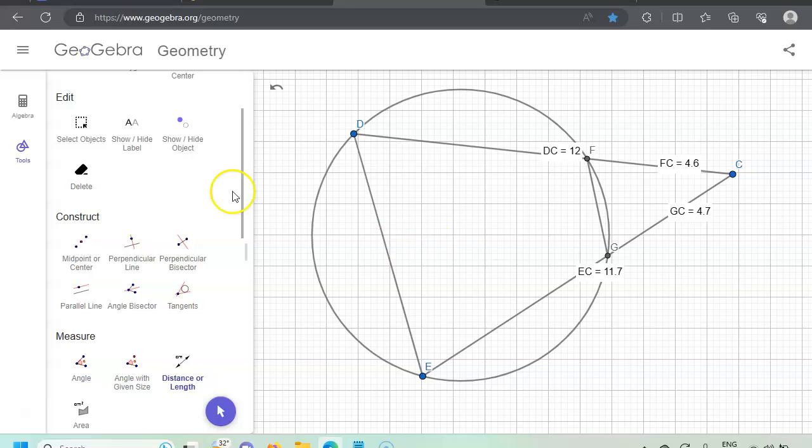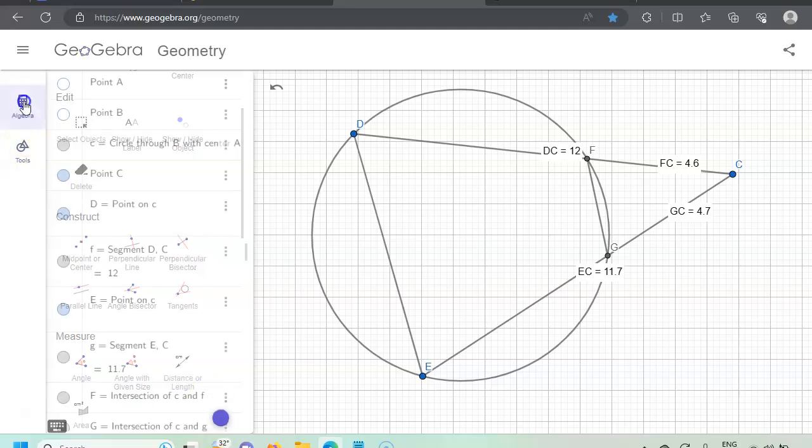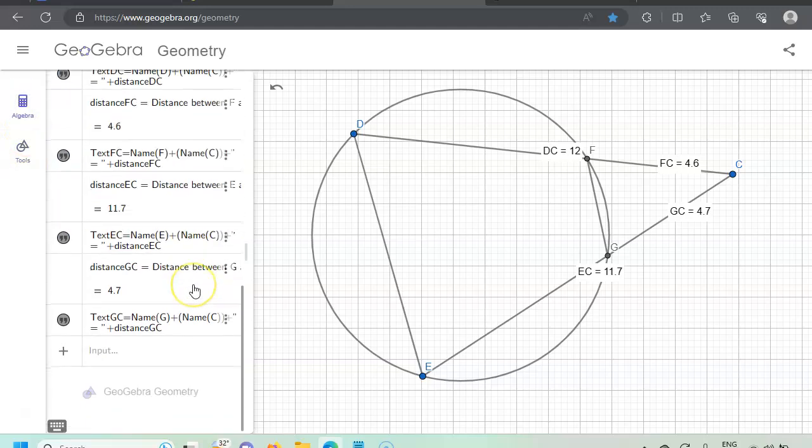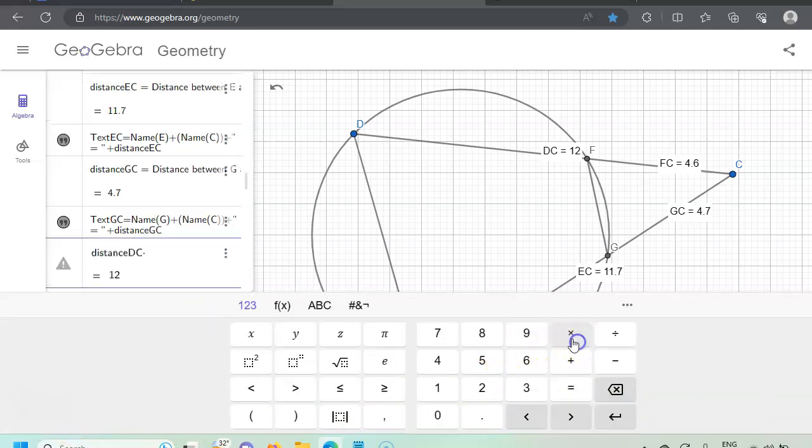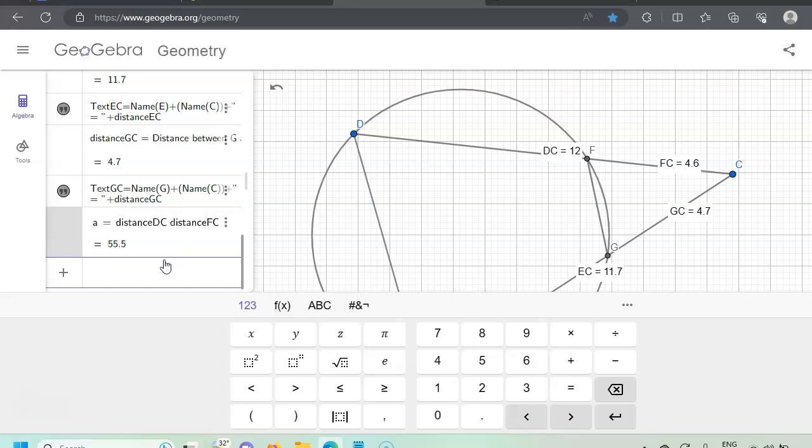Okay, and then we are now going to multiply. So we have the algebra tool here, and then we're going to call the function distance. So distance DC and then times distance FC. So that's 55.5.